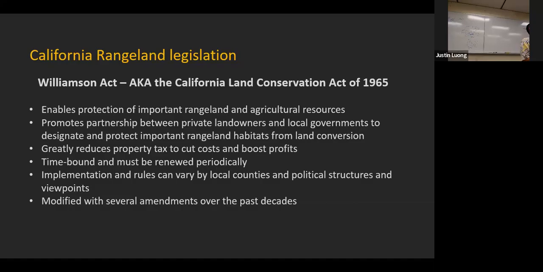I don't know the top property tax breaks off the top of my head, and it all depends, because all easements, depending on who's administering them and the contract, are different. This is a very specific easement program offered only through the county, whereas there are a lot of easement programs that are brokered through nonprofits, but still managed ultimately by the state.